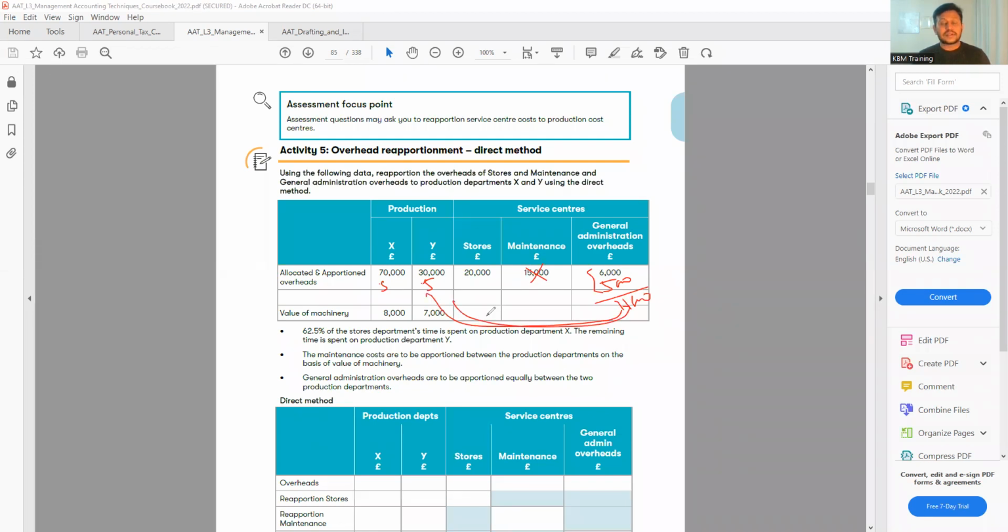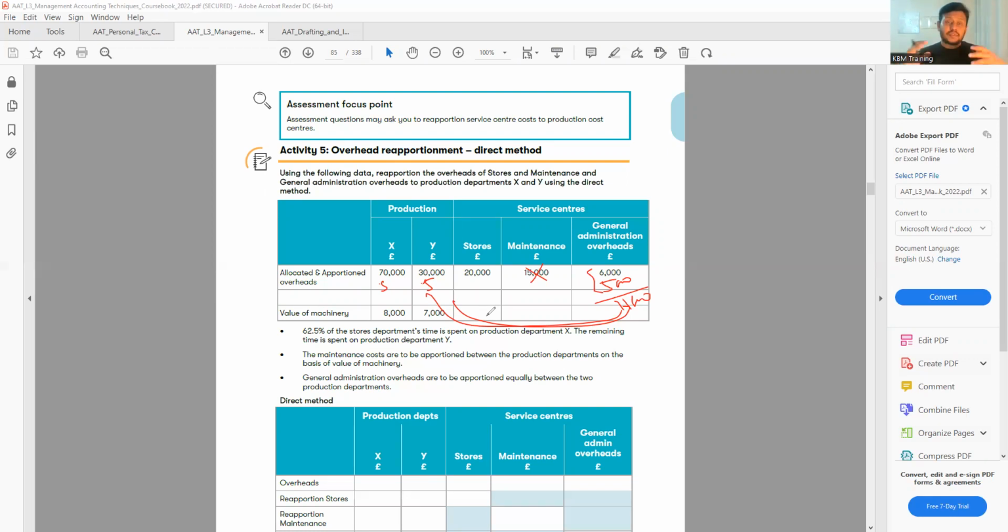So what we understand is, in the direct method, the service department cost will be moved directly to the production department. But in the indirect or step down method, the service department cost will be split with all the departments, like production and service both. And later on, the service department cost will be increased because some portion of one department's cost will be split with another department.